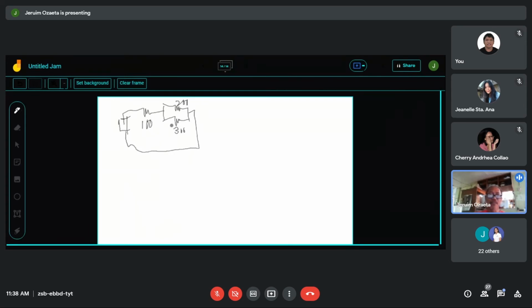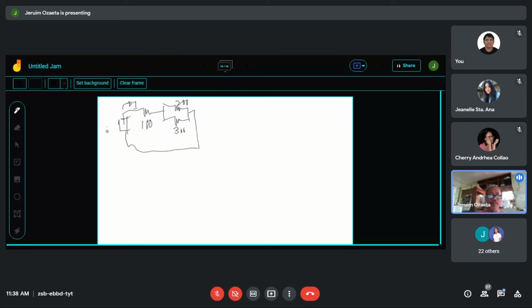First, in order to be able to solve the currents, we have to resolve the circuit, the first parallel circuit. So the first approach here is the total current at 100. What do you do first?